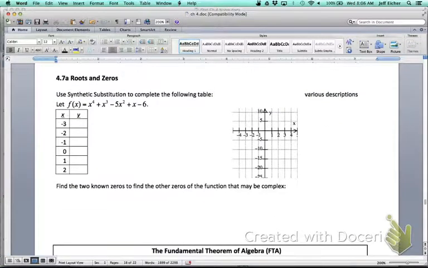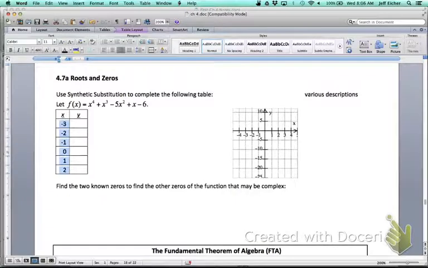So at the beginning is a review question. I'm not going to take time in this video to go over that, but notice it says use synthetic division, or synthetic substitution, which is a lot like synthetic division, to plug these values into the function f of x, and then you'll plot the graph.